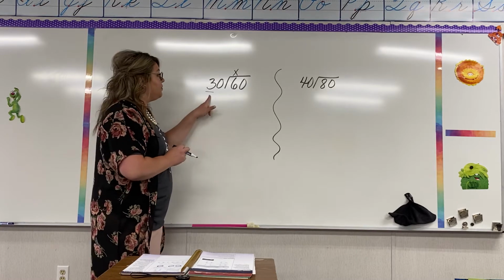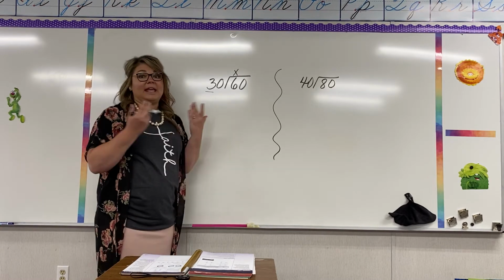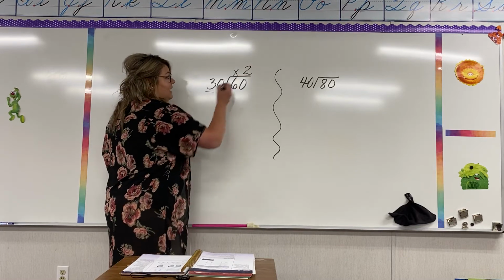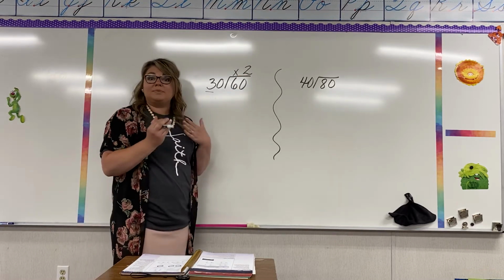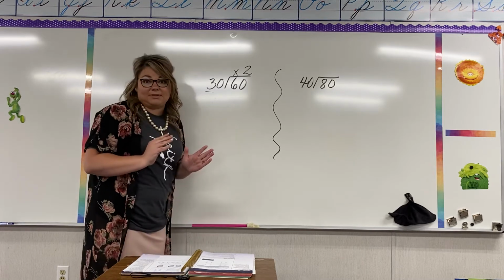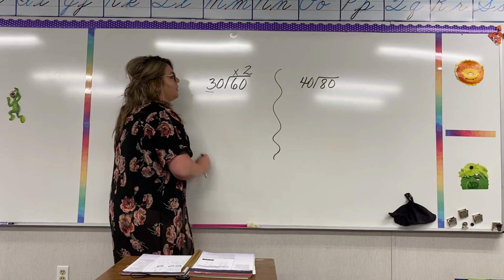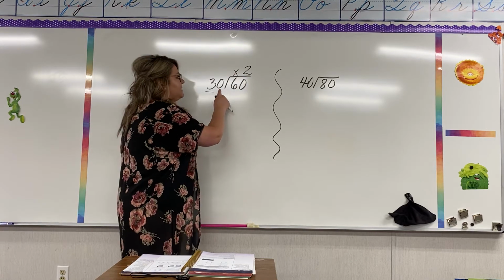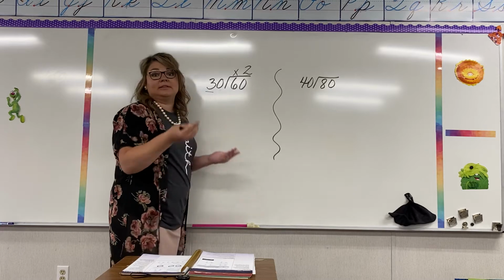How many times will 3 go into 6? And so 3 will go into 6 2 times. So now we're going to multiply, but we're going to multiply sideways, all right? So watch what I do right here. And I know you guys have seen me do this with the fourth graders before. So what we're going to do is say 2 times 0. Remember how we always start in the ones place. And 2 times 0 is 0.